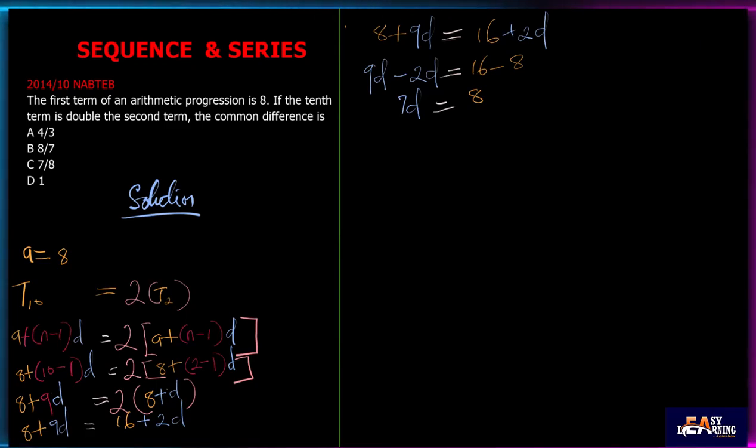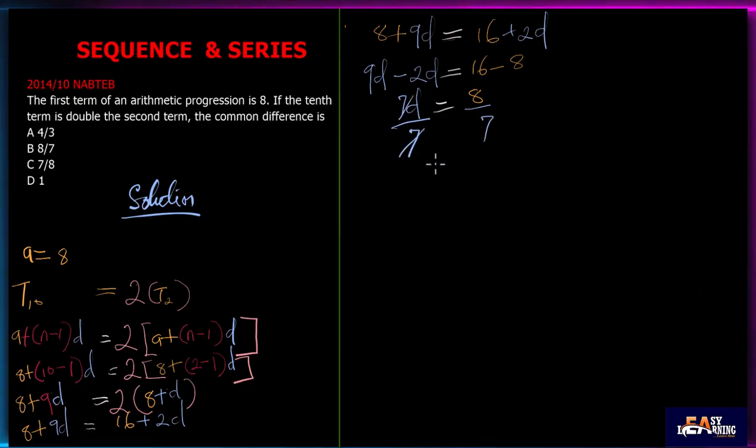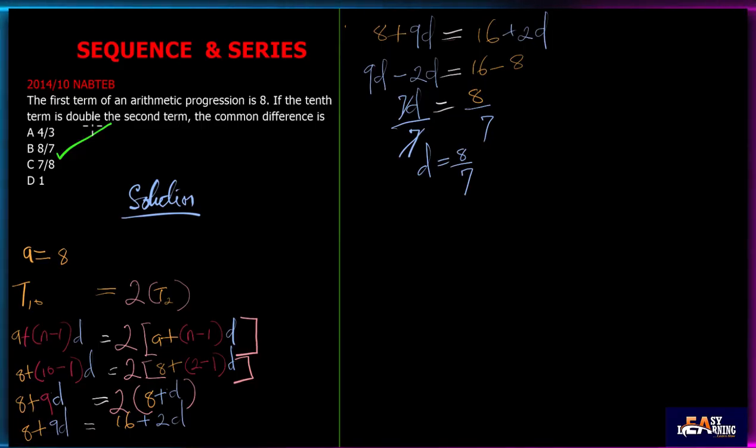We are looking for d, not 7d, so we divide by the coefficient of d, which is 7, 7 cancels 7. So d here becomes 8 over 7. Coming to our options, the correct option is option B.